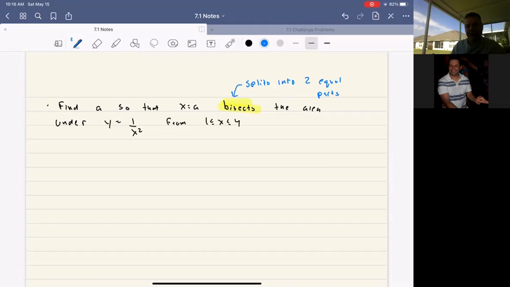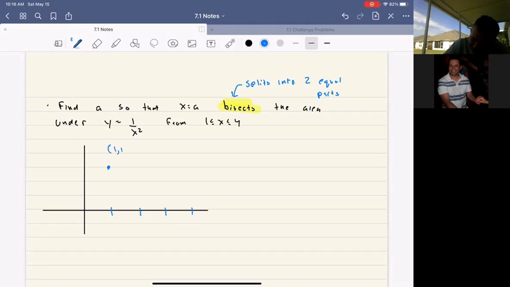Okay, so let's draw our picture. Let's say that's 1, 1. 4, 1 over 16.